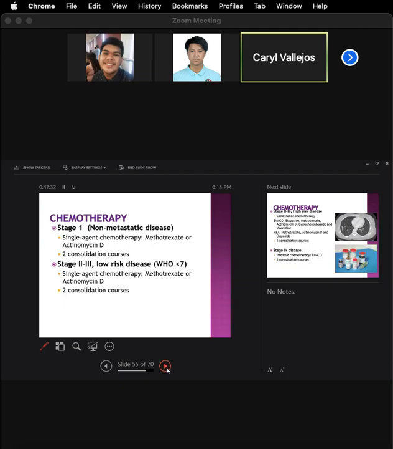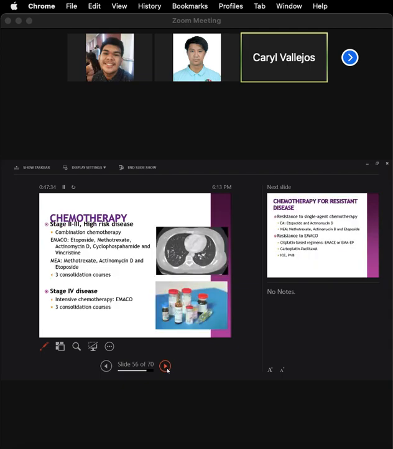However, if it is stage 2 or 3 high risk, meaning greater than 6, we make use of multiple agent chemotherapy in the form of your EMACO. And we make use of 3 consolidation courses. Stage 4 automatic, EMACO.